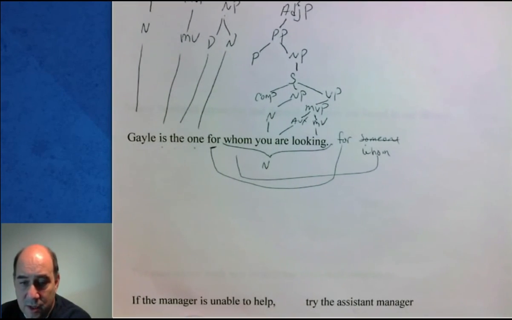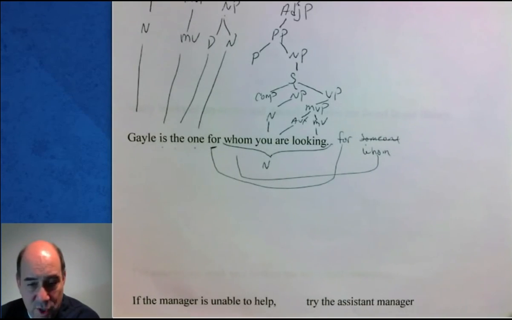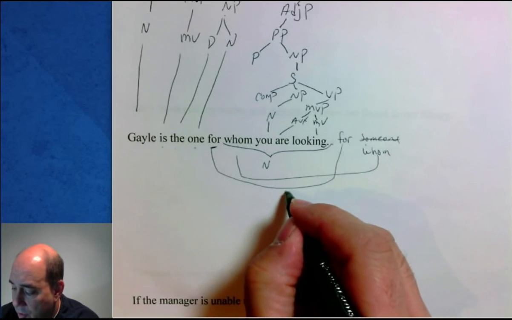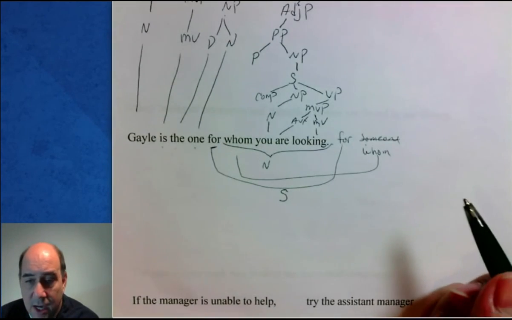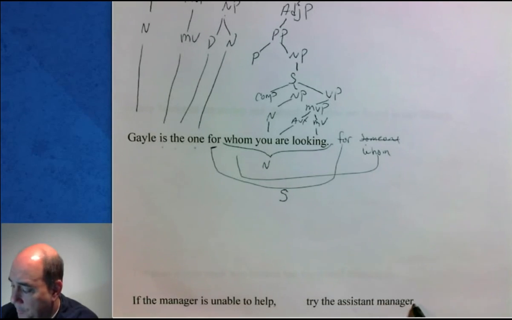If the manager is unable to help, try the assistant manager. Okay, a couple interesting things going on here, and I've also gotten rid of some of my space, sorry to say. We got a sentence. If. Whoa, that is not a normal beginning, right? Here's the normal beginning. Try the assistant manager, period.